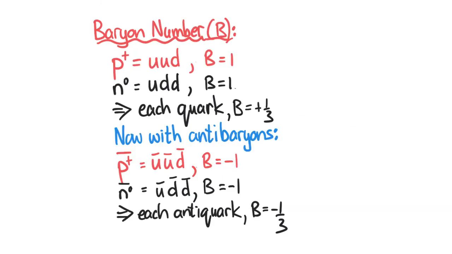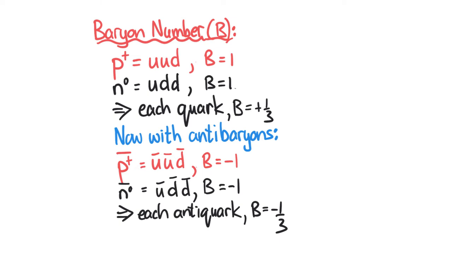Later on in this module, where we are discussing nuclear structure and nuclear processes, we are going to be using the baryon number more extensively. But for the time being, the symbol B is used for the baryon number.